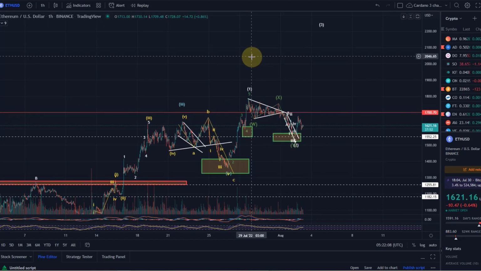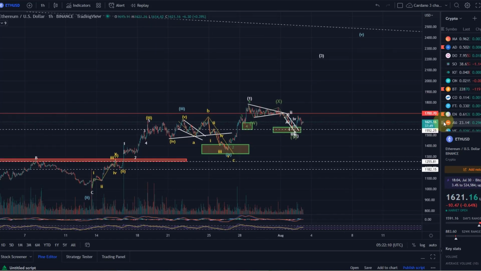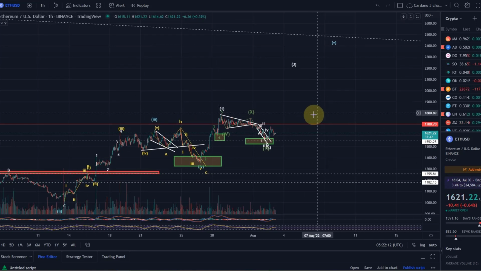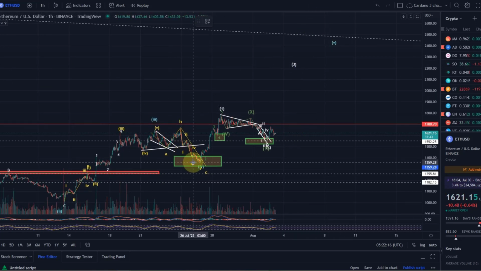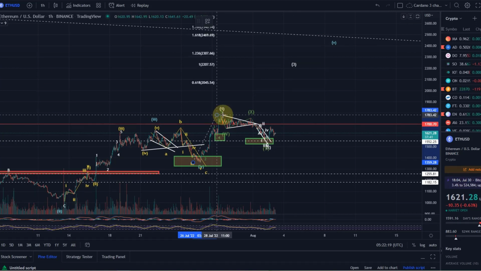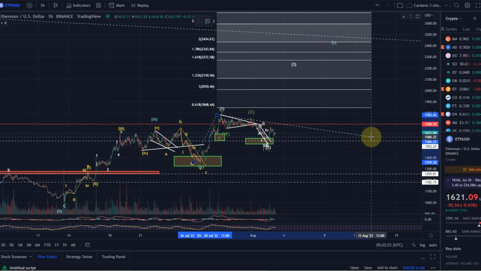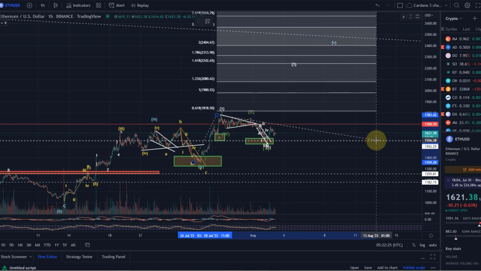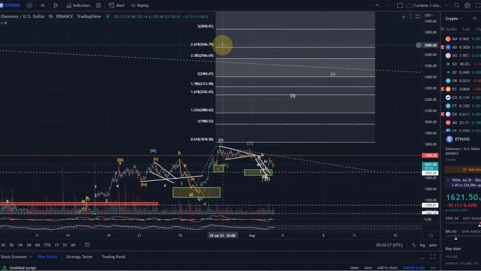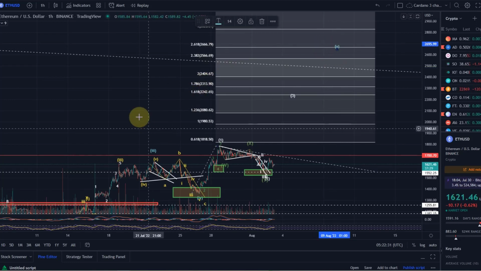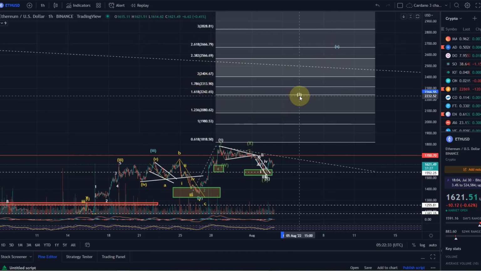So this scenario, however, is quite a bit of a crazy move actually, as I mentioned before, because it would suggest, let me just put it on the chart, that we could really move up overall somewhere into the region of $2,600 with this wave 5, and that this wave 3 could go to 2,240.